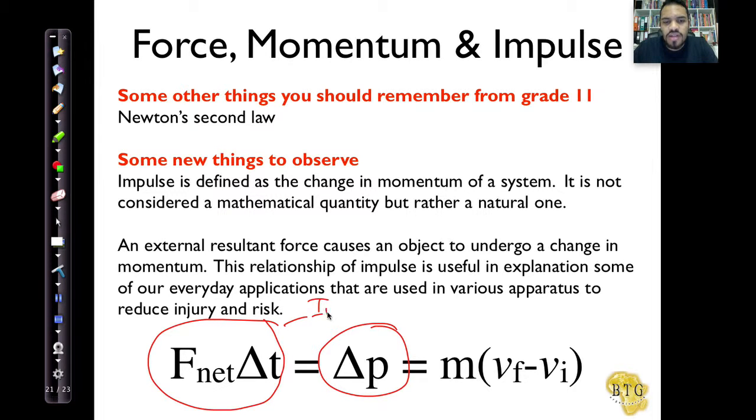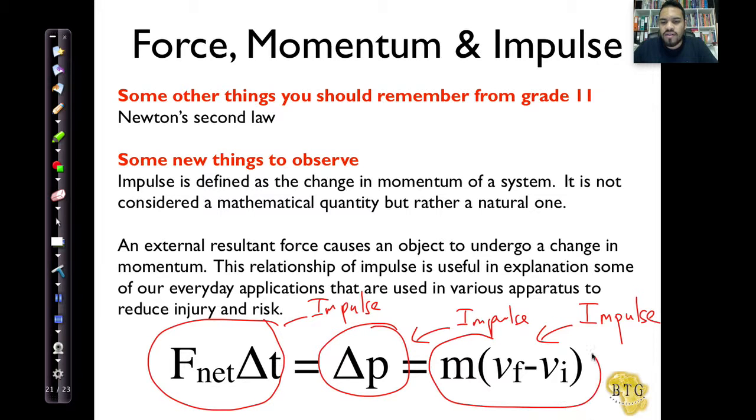So this is impulse, and so is this, and then this here is also impulse. Each of these things are different formulae that represent the impulse.